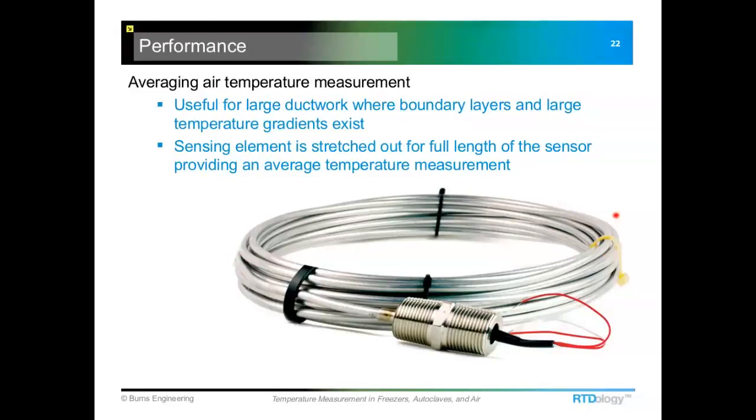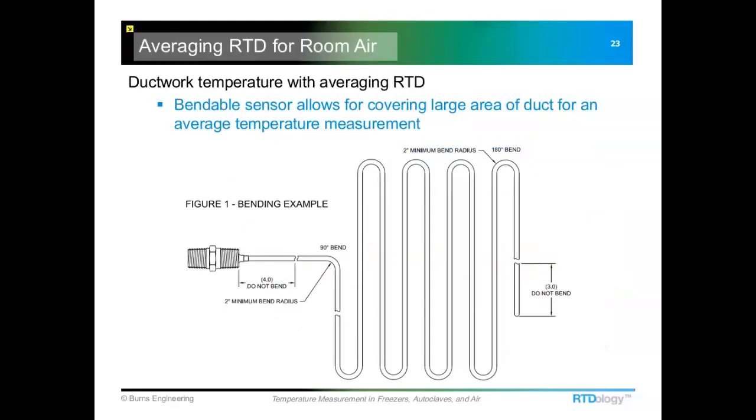So that sensing element is stretched out over that full length so that you get an average temperature over that length. These are typically bendable so that if you're in a ductwork, for example, you can do some S-bends or zigzags, or you can leave it in a coil and just stretch the coil across the ductwork. And that'll give you a good average temperature of what's going on inside that duct.